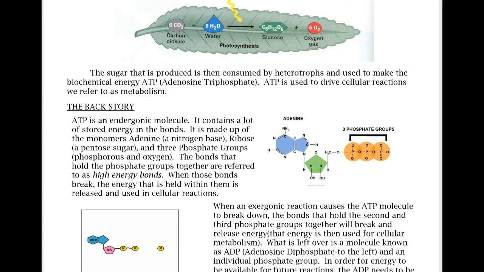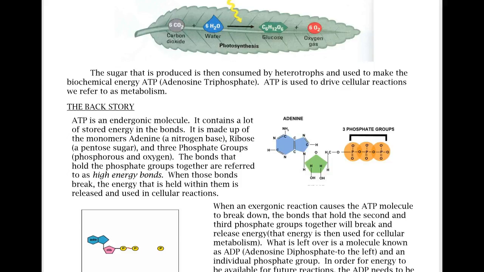Okay, so why is this reaction important? That sugar that is produced and is either used by the plant or consumed by a consumer is needed for cellular activities. It's the energy source for metabolism, because what we're going to see in the next chapter, Chapter 9, is that this glucose molecule is going to be used to make ATP.